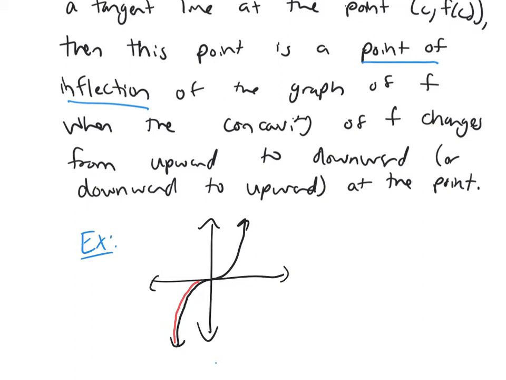And then over here, your graph is concave up. So right here at this point on the origin, my graph switches from being concave down to concave up. And so this point right here, this is an inflection point.